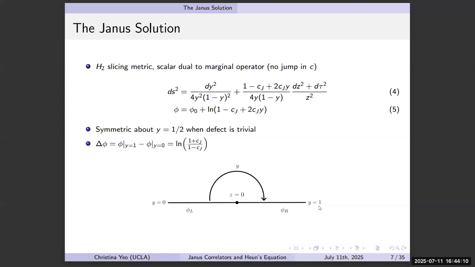This is a very unconventional, wonky looking form, but we chose it because it makes the probe scalar equation of motion a lot easier to solve. When CJ is 0, it is just pure AdS. Locally the same, but globally different. If you can eliminate CJ by a coordinate transformation, then it is locally equivalent but globally inequivalent.